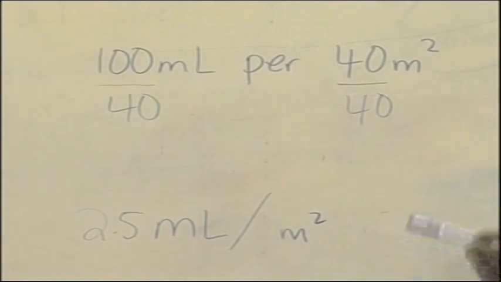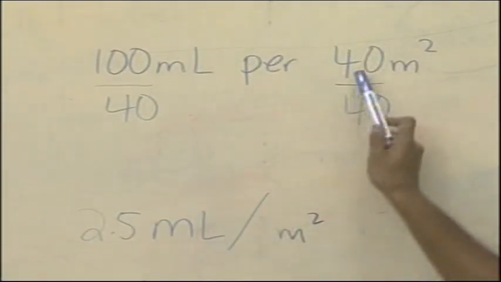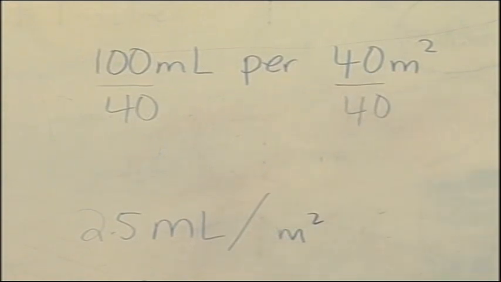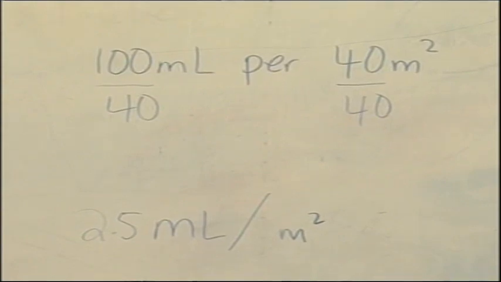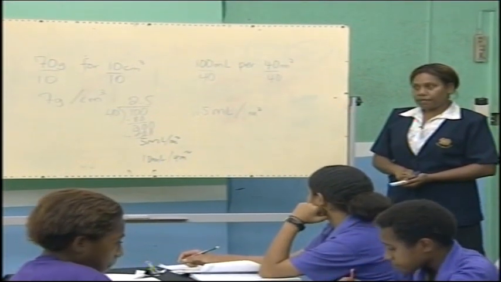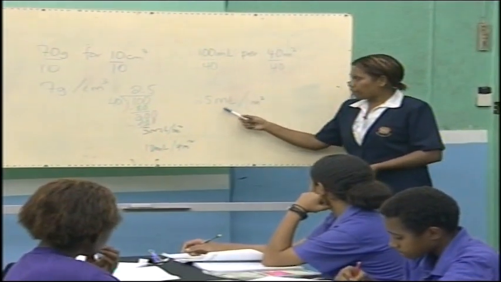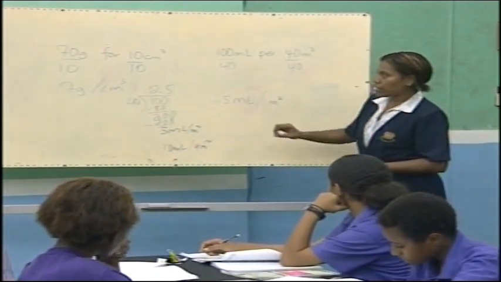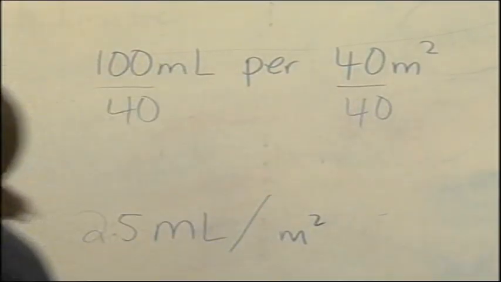You see, class, this example is just the same like this here. Remember, we are looking for the fixed rate, okay? So it's sort of like we are simplifying down. You understand? Okay. So the recommended application rate is 2.5 milliliters per square meter.